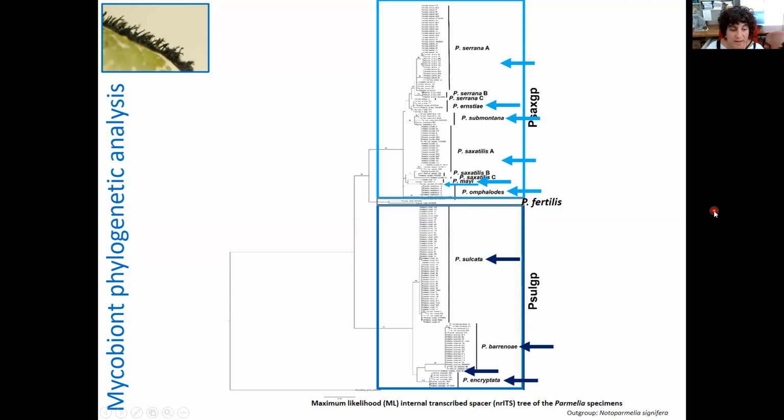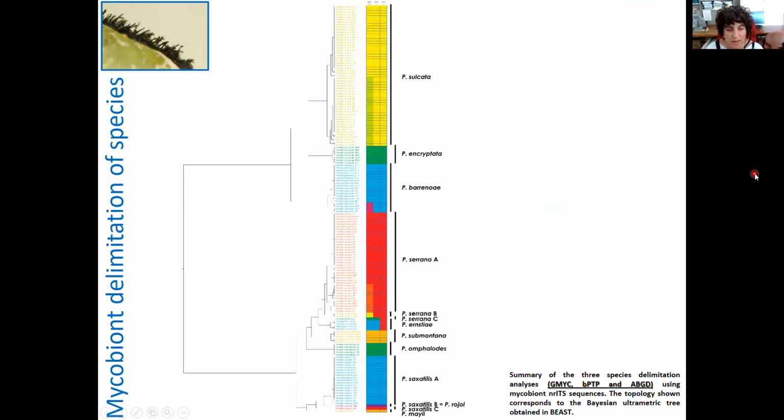We corroborated the accurate lichen species identification and observed the presence of possible cryptic species within the Parmelia saxatilis group, in Parmelia serrana and in Parmelia saxatilis. To estimate putative mycobiont species boundaries in the Parmelia dataset, we performed 3 species delimitation analyses.